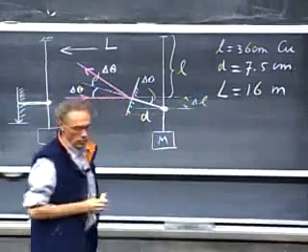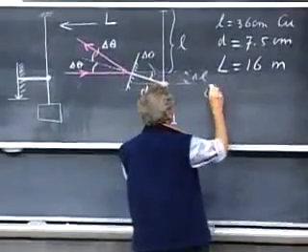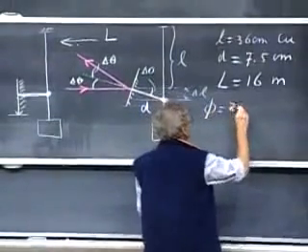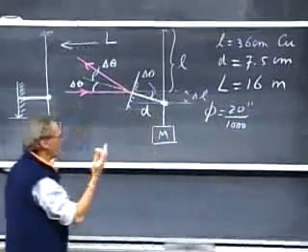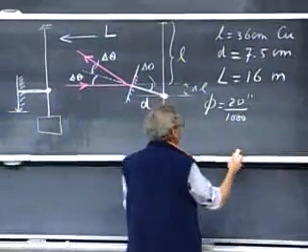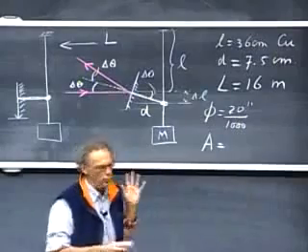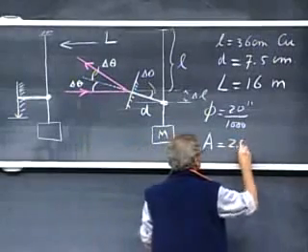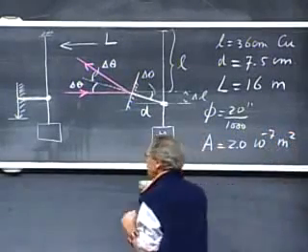The diameter of the copper wire is 20 thousandths of an inch. I give it in terms of the diameter because that's the way that the manufacturer gives it to us, and that translates into a cross-sectional area of that wire of 2.0 times 10 to the minus 7 meters squared.